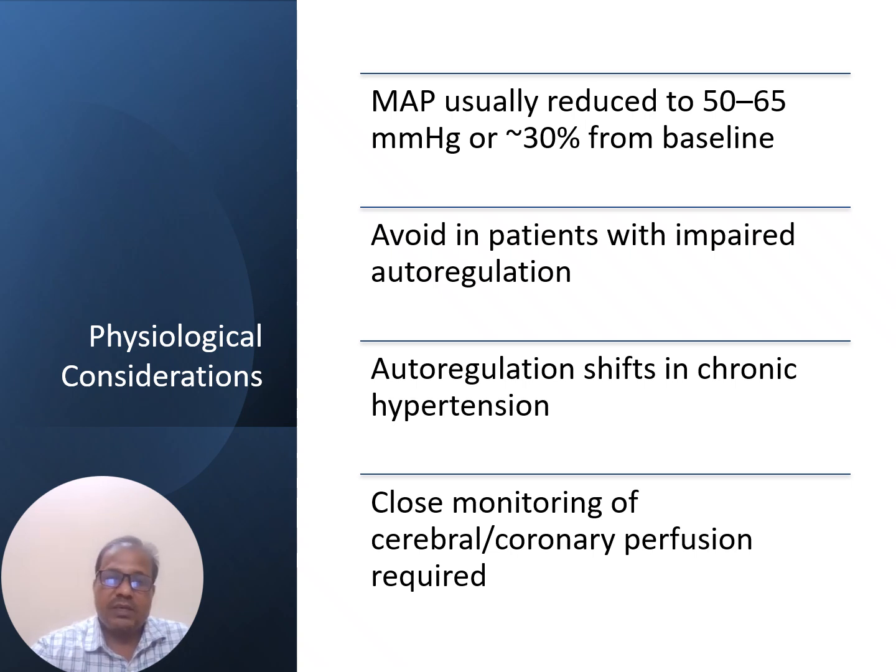Mean arterial pressure is the diastolic pressure plus 1/3 of pulse pressure. This is the average pressure of arteries in a complete cardiac cycle, from the beginning of the contraction to the end of the relaxation of the heart.